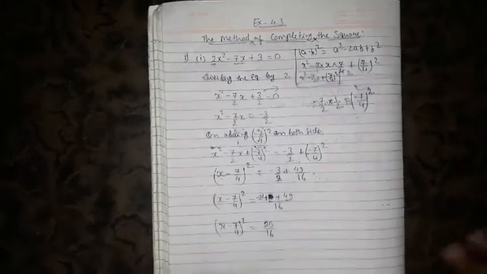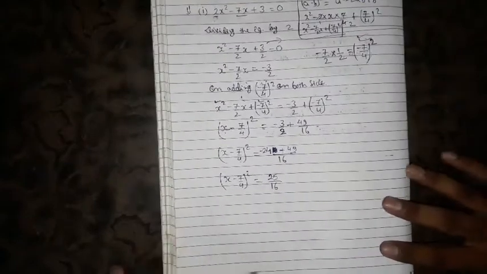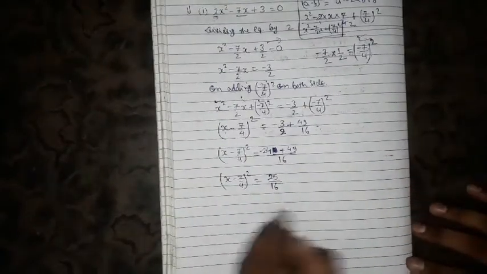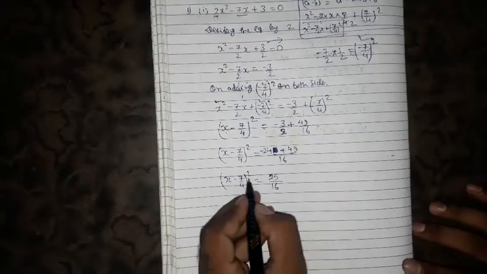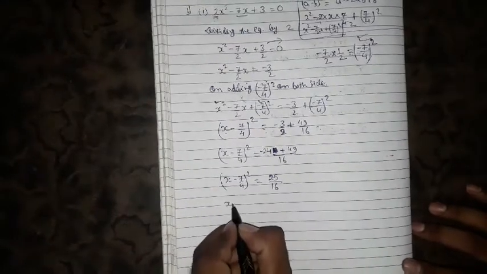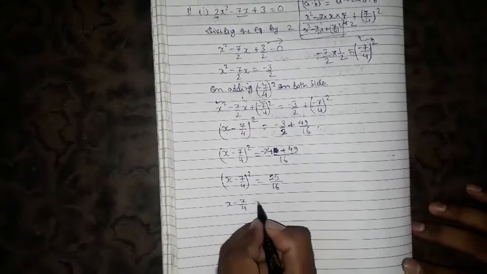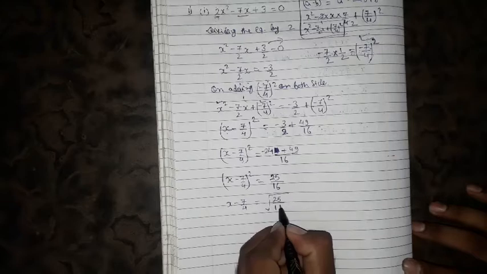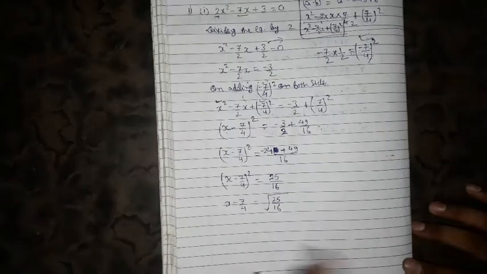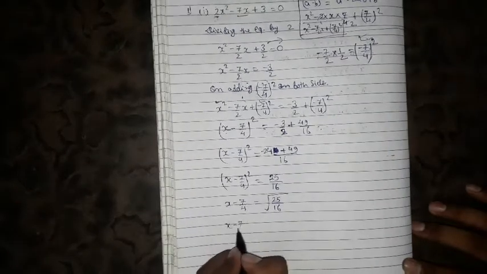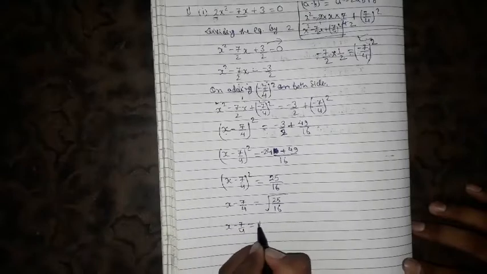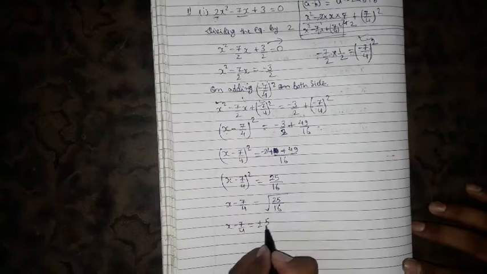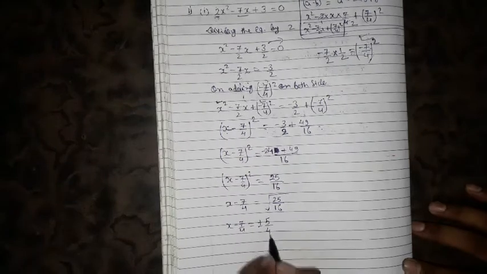Any doubt? Okay, now see, next what we have to do: if I remove this square, I have to write the under root 25 upon 16. Okay, so x minus 7 by 4 will get plus minus square root of 25, 5, and square root of 16, 4.